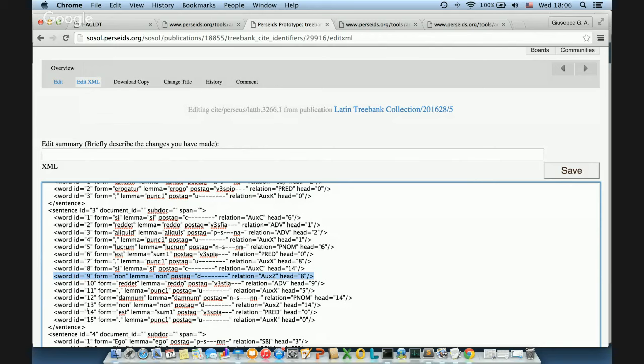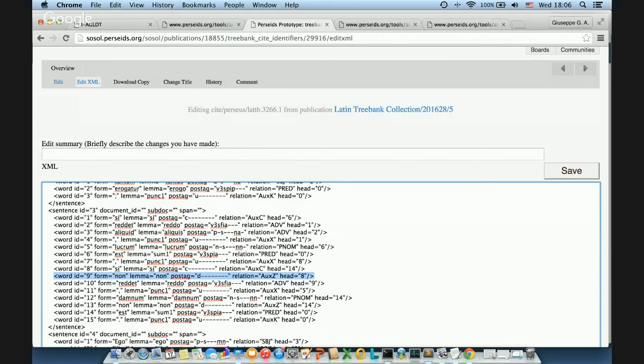So if I delete a word, for example, and then I save the document, the ID numbers are automatically changed, so that there is no problem. I don't know if I'm answering your question, but definitely you can edit your XML. You can make your modifications, and then you click on save.